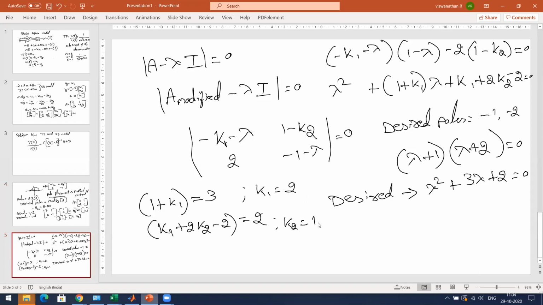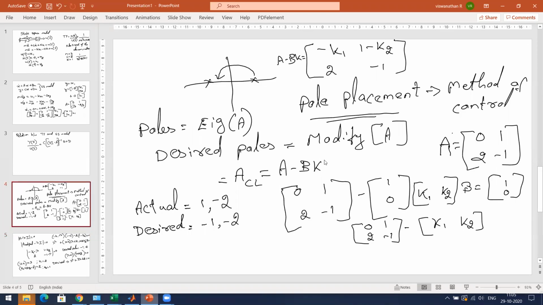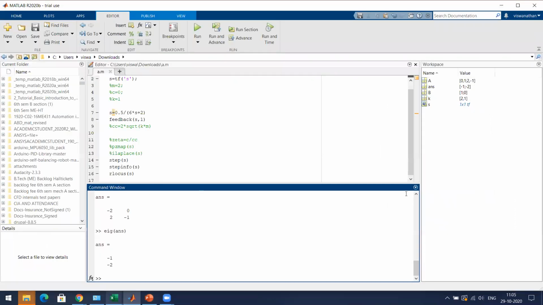Now substitute this for A minus Bk. You know what the value of K is now, so substitute into the A matrix minus B multiplied by K. That is what I did in MATLAB. A minus BK is what we did and this is what we got.